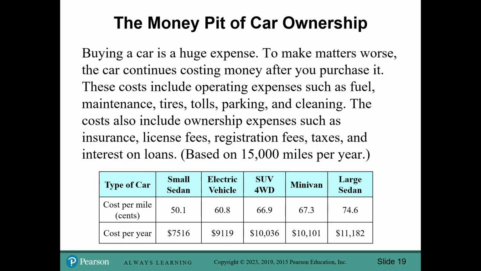It's just a small car, and it's only going to cost you about $7,516 a year, versus an electric vehicle at $9,119 per year, a four-wheel drive SUV at $10,036 a year, a minivan at $10,101 per year, and a large sedan at $11,182 per year.